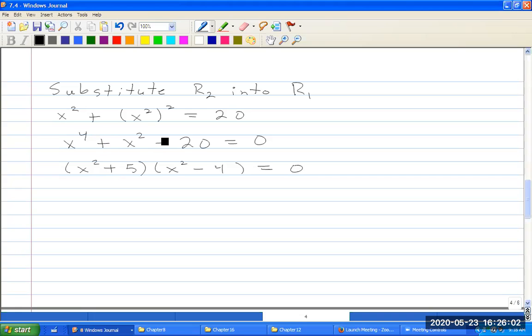Drop down the plus times minus is minus. So now I have X squared plus 5. Let's factor the X squared minus 4. It factors into X minus 2, X plus 2. Let's set each factor to 0 and solve for X.